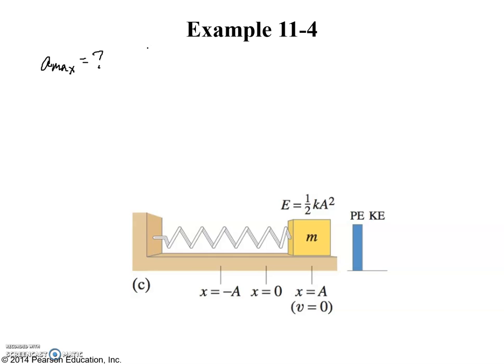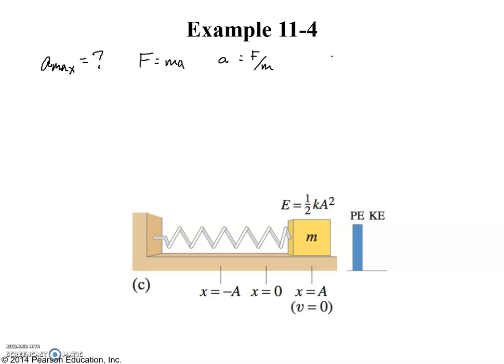Well, we know Newton's second law of motion states that F equals ma, and so if we want to know a, we can say that a is equal to the force divided by the mass. So to find the maximum acceleration, we need to know the maximum force.